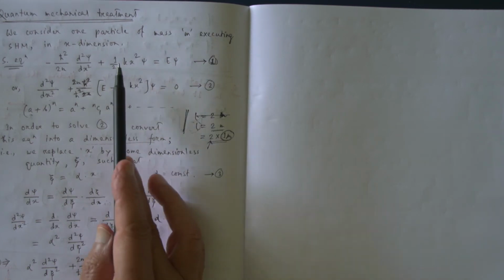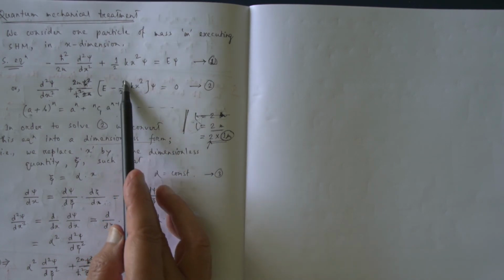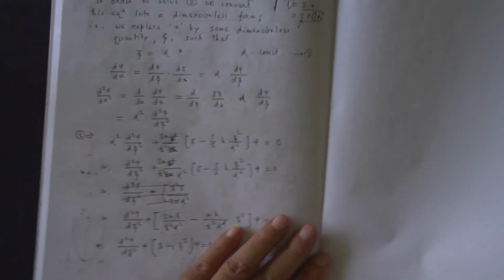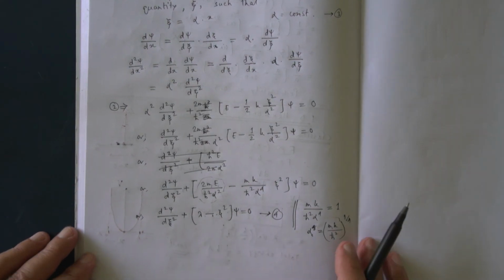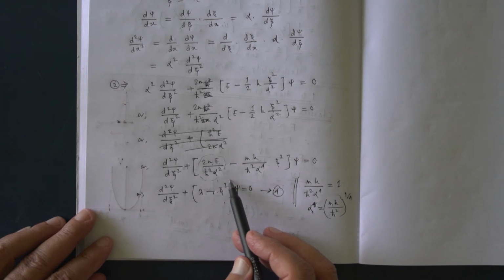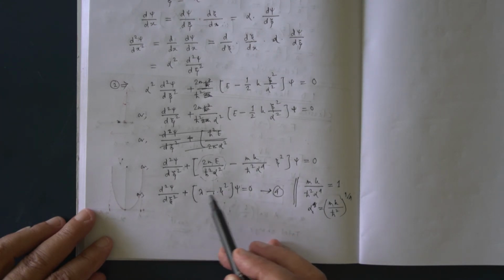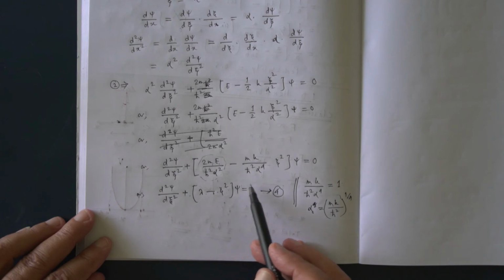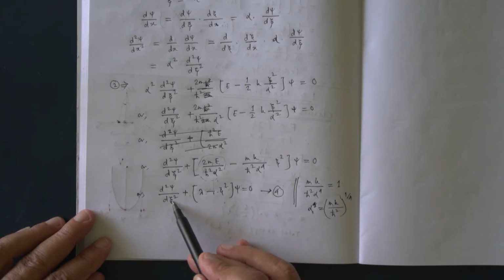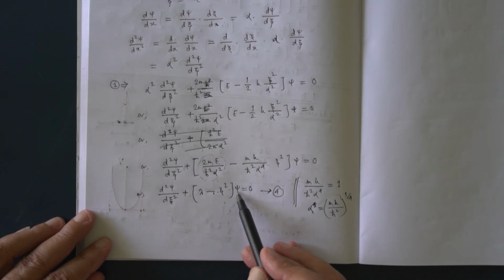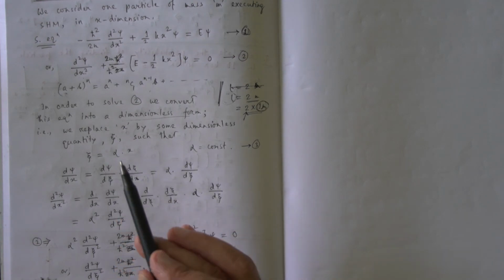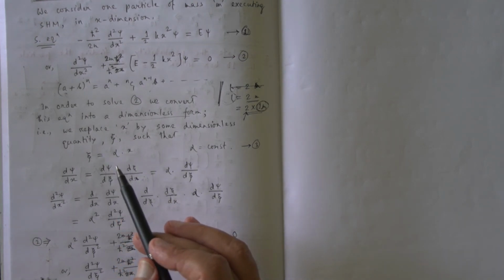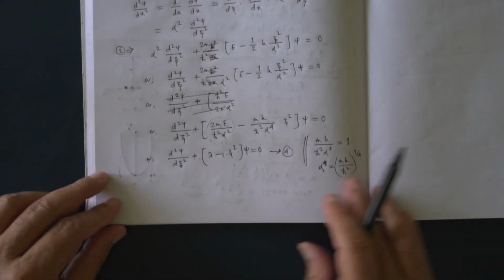Now we have converted equation 1 to this equation, where x has been replaced by xi. So if we solve this equation, we will get the value of psi in terms of xi. But if we get psi in terms of xi, we can convert it in terms of x, because we have got the relation. So now we will just write the result.